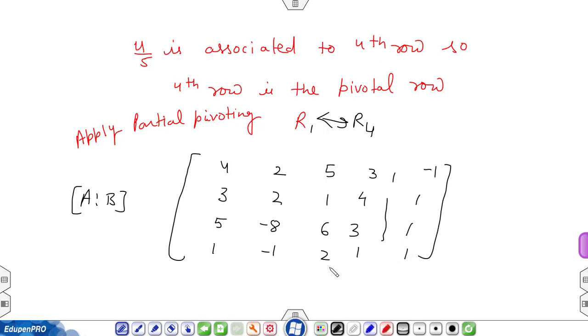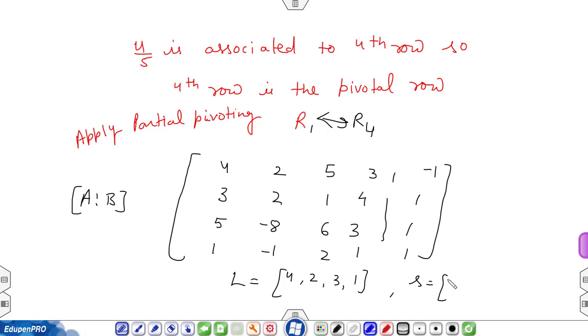Okay, so what will L be? The fourth row is converted into the first row and the first row is converted into the fourth row. That's why we have to change the order here also. So this will be 4, 2, 3, 1. Accordingly, the S vector is also changed.